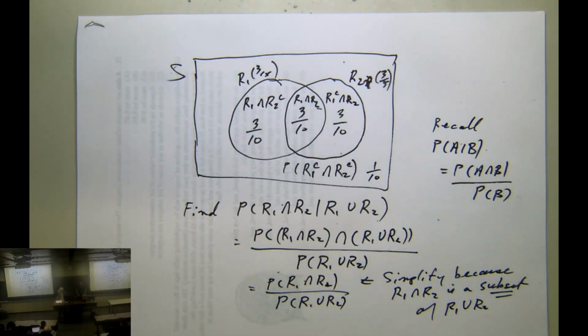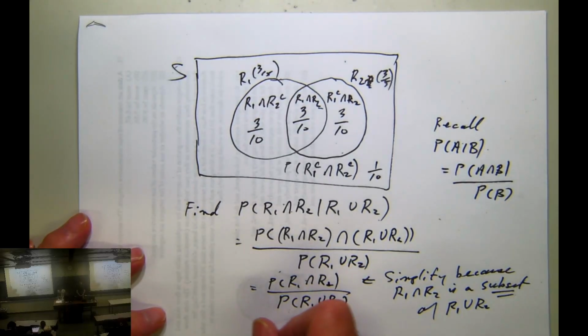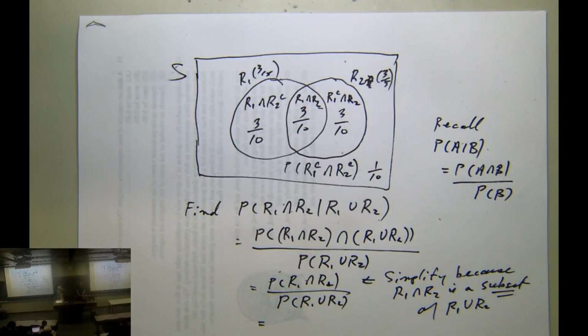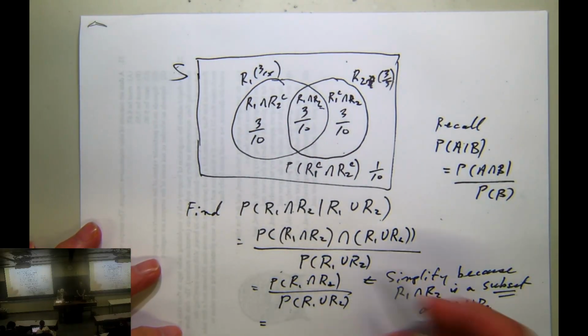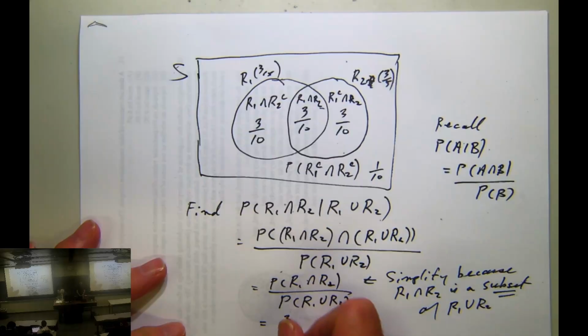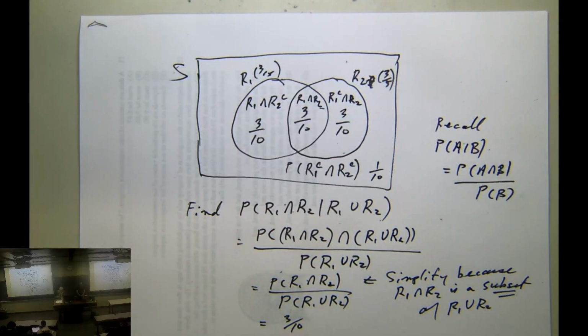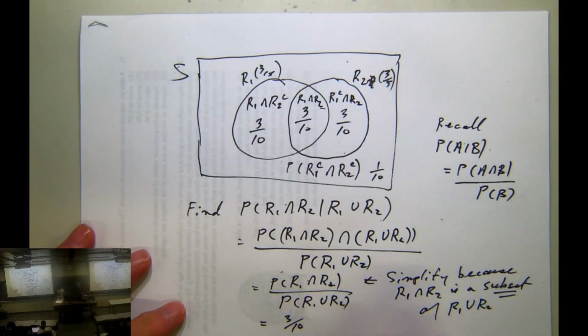Okay, so we've got that, and this is kind of straightforward. So if we were to do this, we'd say, okay, probability of R1 intersect R2 is 3 out of 10, and the probability of R1 union R2, a couple ways to go about it.